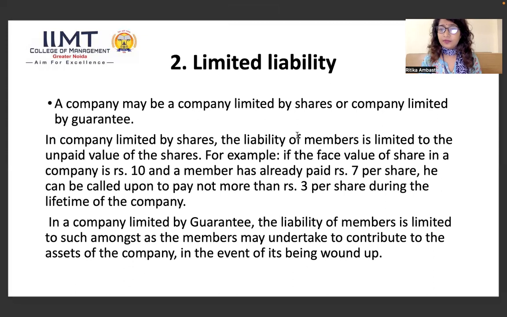For example, if the face value of a share in a company is rupees 10 and a member has already paid rupees 7 per share, he can be called upon to pay not more than rupees 3 per share during the lifetime of the company. And if we talk about limited by guarantee, then the liability of a member is limited to such amount as the member may undertake to contribute to the assets of the company in the event of its being wound up.